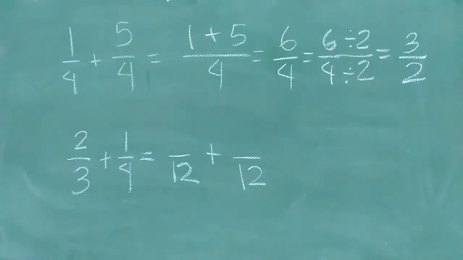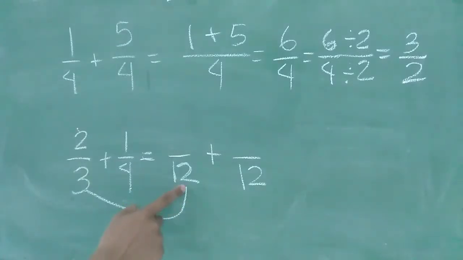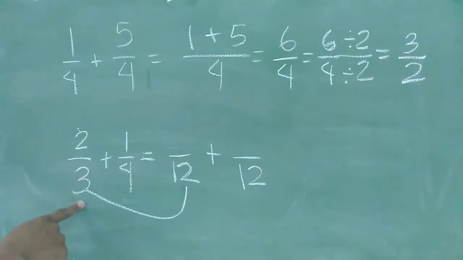By rewriting it, we're going to divide the denominator 12 by 3, then multiply it by the numerator. Is that clear? So first, 12 divided by 3 is 4, times 2 is 8.